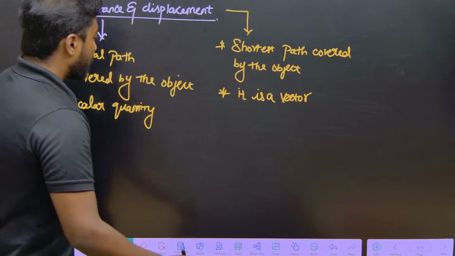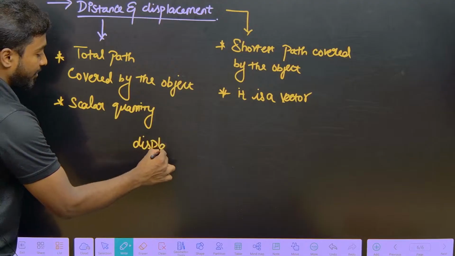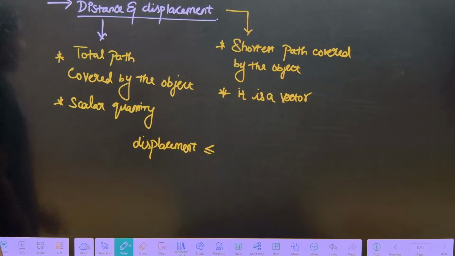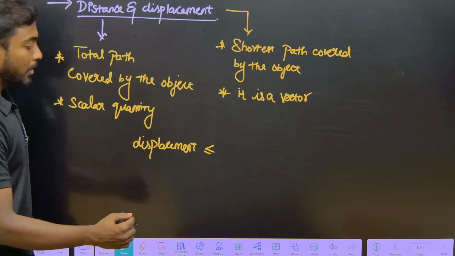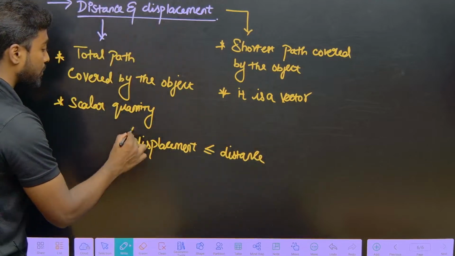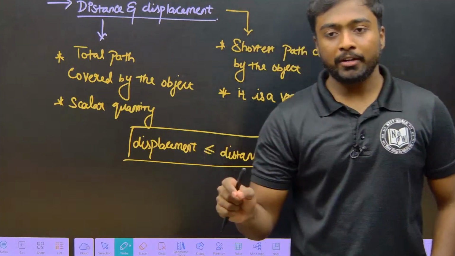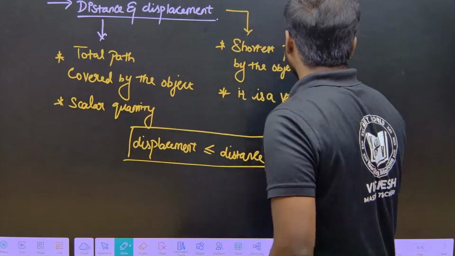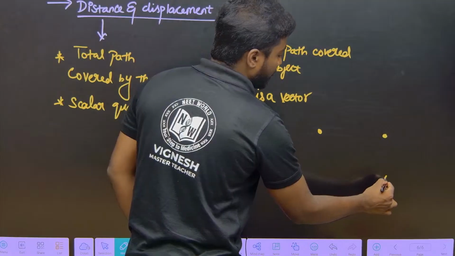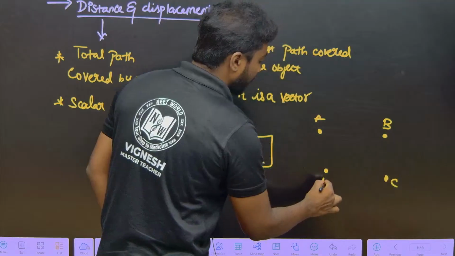The important point is displacement is less than or equal to distance. Why is displacement less than or equal to distance? Suppose I am starting from point A and moving to point B. Let me take points A, B, C, D, a square.